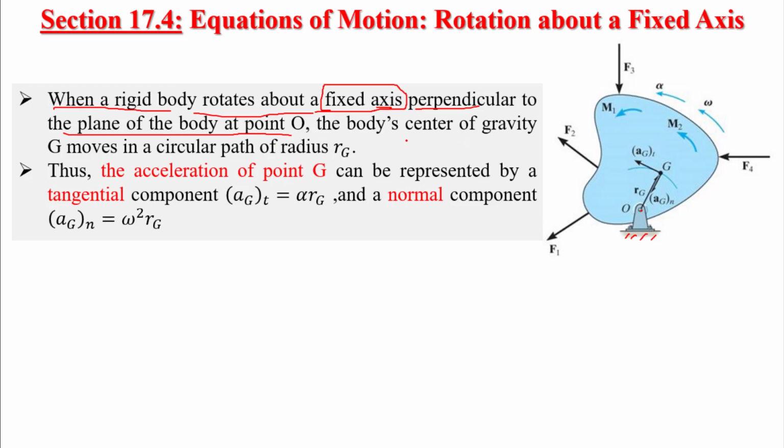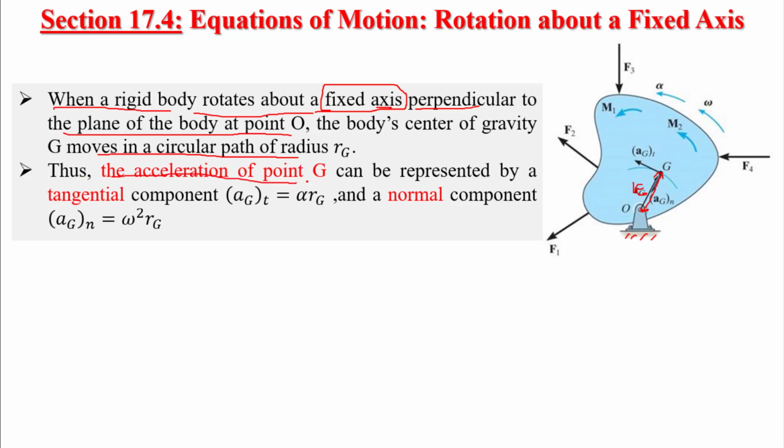The body's center of gravity, point G, moves in a circular path of radius RG. So point G, which is the centroid, is far away from point O by a distance, and this distance we call RG.